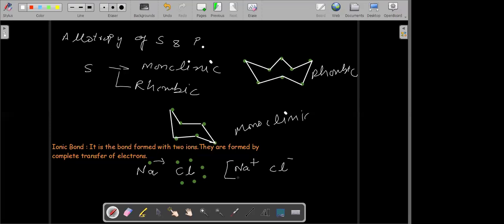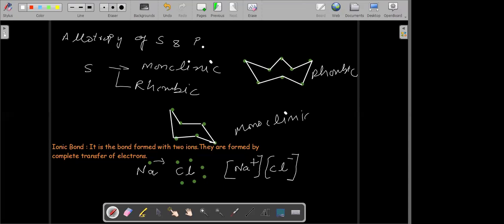The two ions are now held together by the strong electrostatic forces of attraction between the two, which is the ionic bond. Got it?